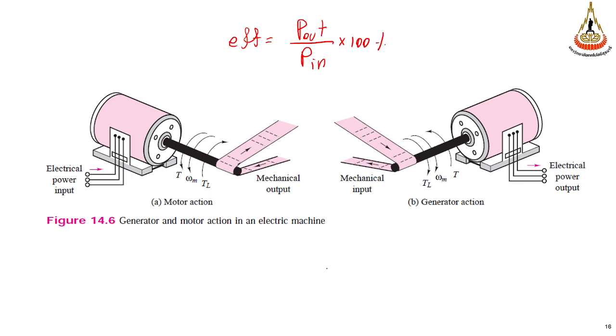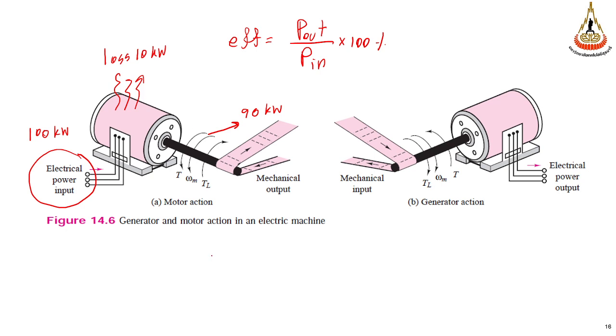For example, if I supply 100 kilowatts of electrical power to this motor and get an output of 90 kilowatts, the efficiency is 90%. And where is the other 10 kilowatts? It means the loss: 10 kilowatts are lost. So the efficiency is 90 divided by 100, times 100.